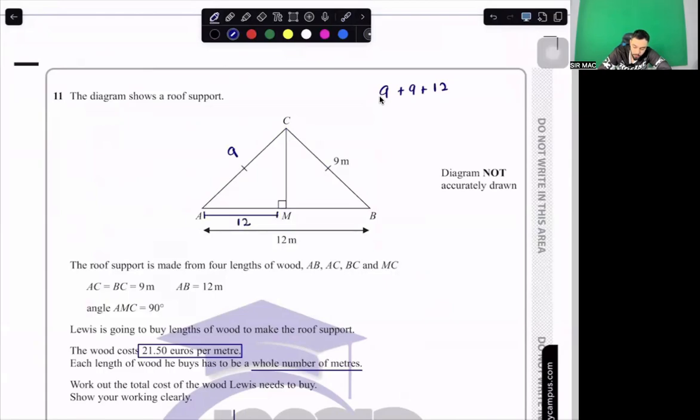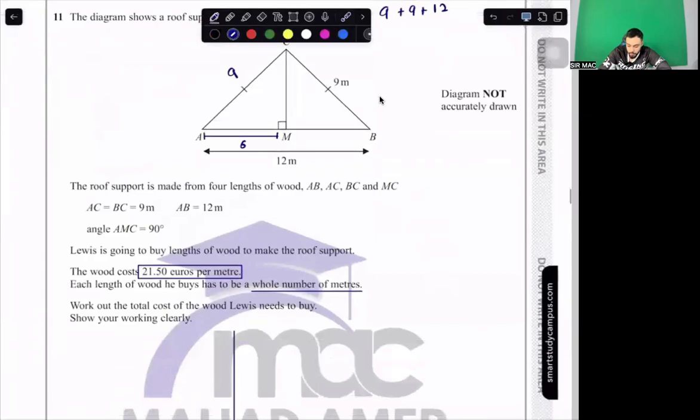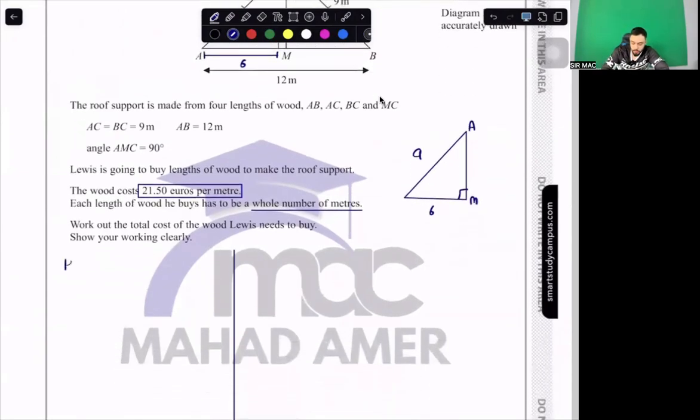Sorry, it would be 6. If you just consider triangle CAM, you can see that clearly. I can use the Pythagoras theorem to get the value of AM. For that, I can use h squared equals a squared plus o squared. So the hypotenuse is 9.